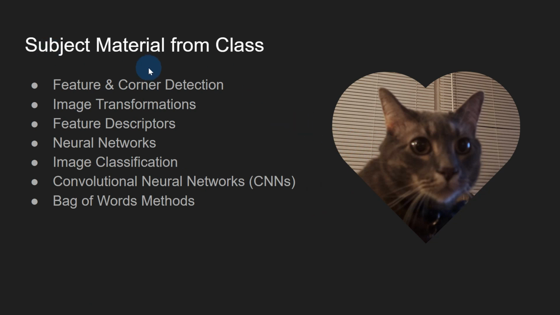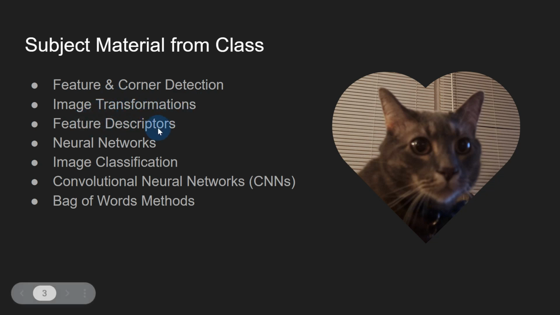As for the subject material from the class itself, as for feature detection, I used a pre-trained CNN, being convolutional neural networks. I used a pre-trained CNN for feature extraction, but I focused more on extracting deep features from images using a pre-trained VGG16 model. As for image transformations, I apply transformations to images as part of the pre-processing before actually feeding them into the neural network.